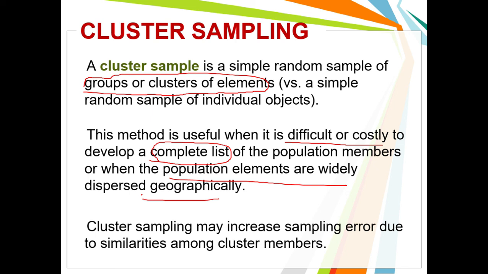Example ng cluster sampling is yung mga barangay-barangay. Let's say yung ating pag-aralan isang buong General Santos City. So that is our population, buong Gensan. Instead of dividing Gensan into gender, male, female, why not we divide that into barangay? So we have 26 barangay within Gensan.